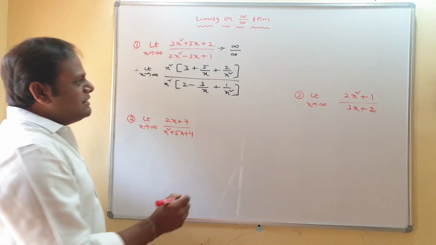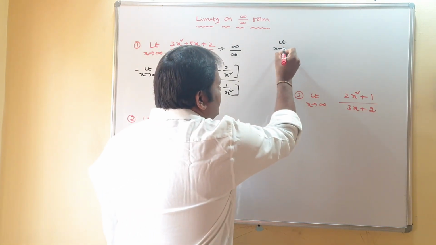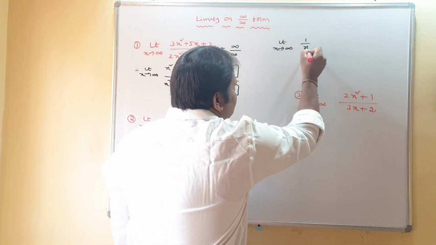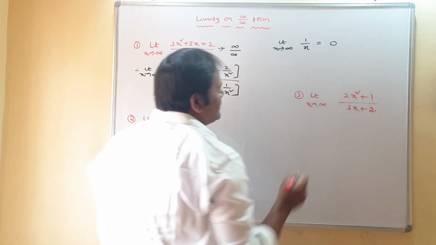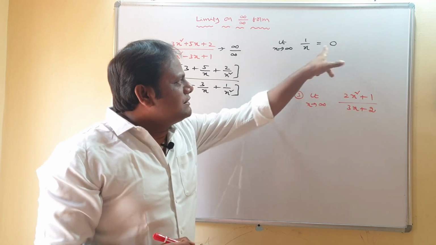See, we have one concept, that is limit x approaches infinity of 1 by x. This value is what? 0. So if x approaches infinity, 1 by x is 0.